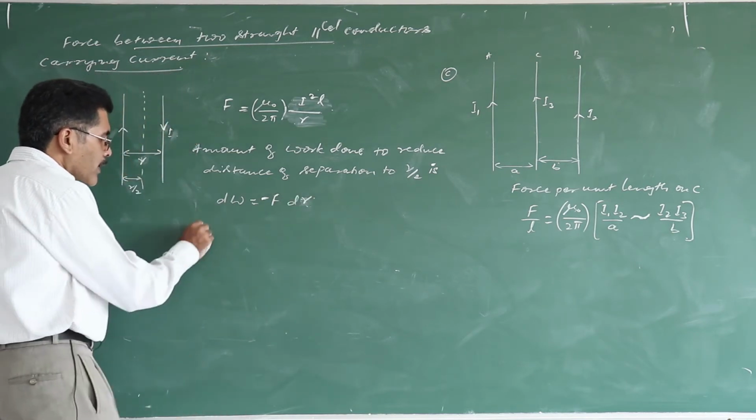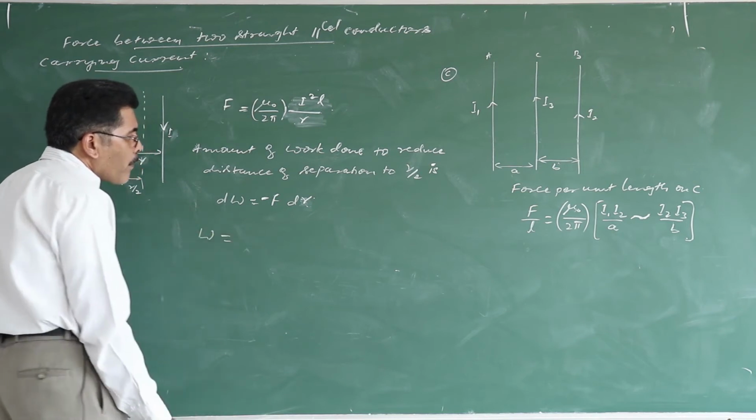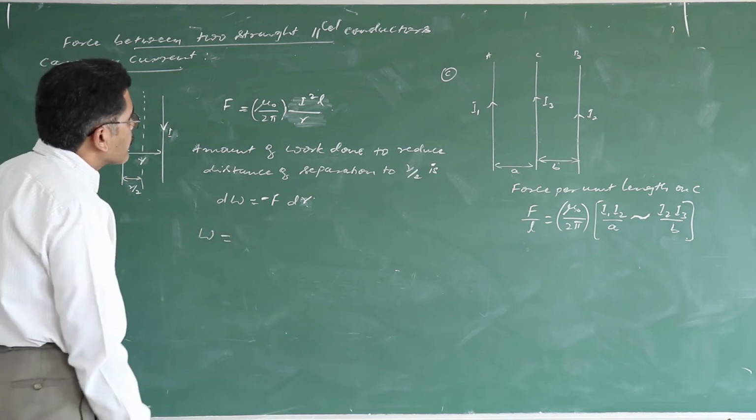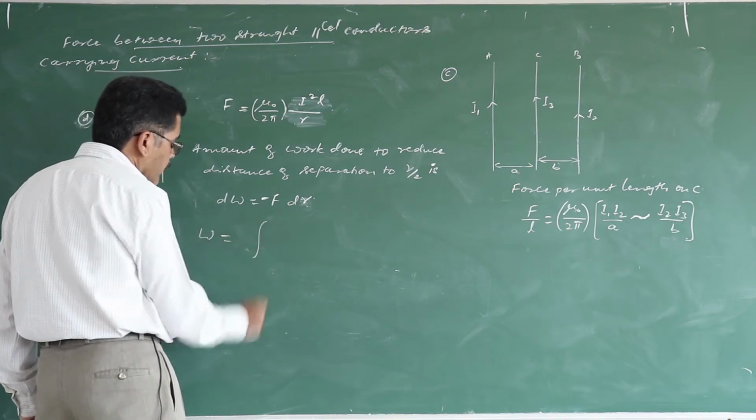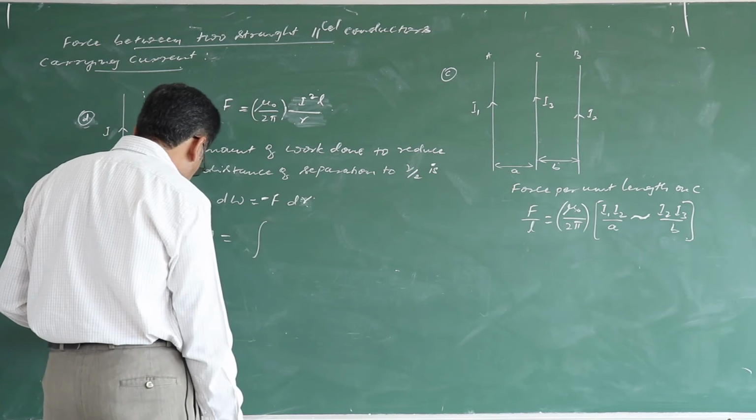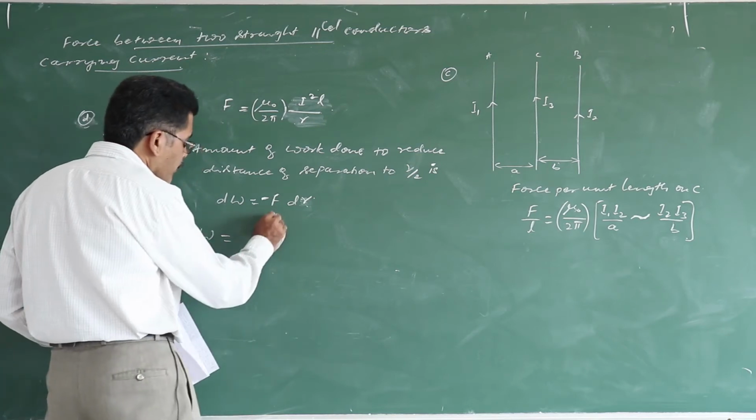So what is the total work done? Total work done is given by integrating this. When you integrate this, you are integrating from 0 to r by 2.